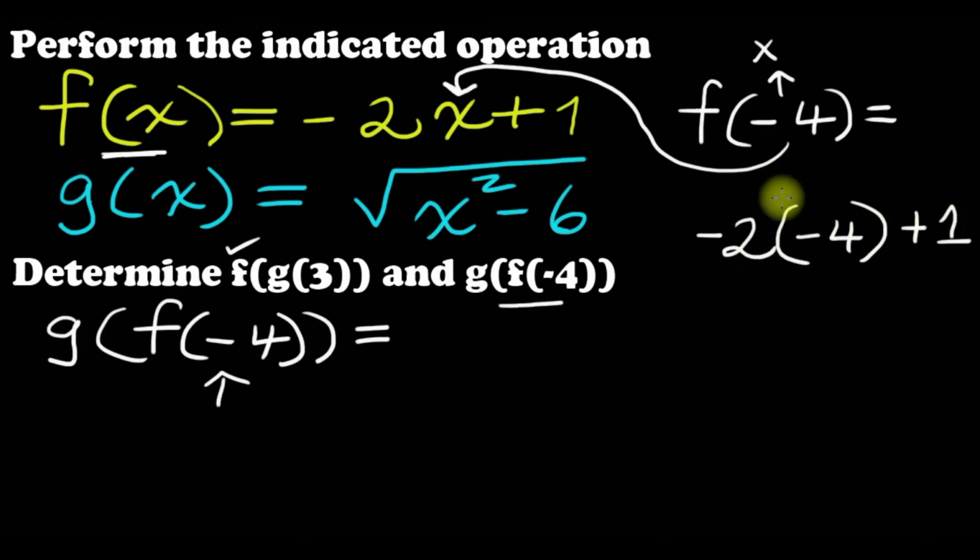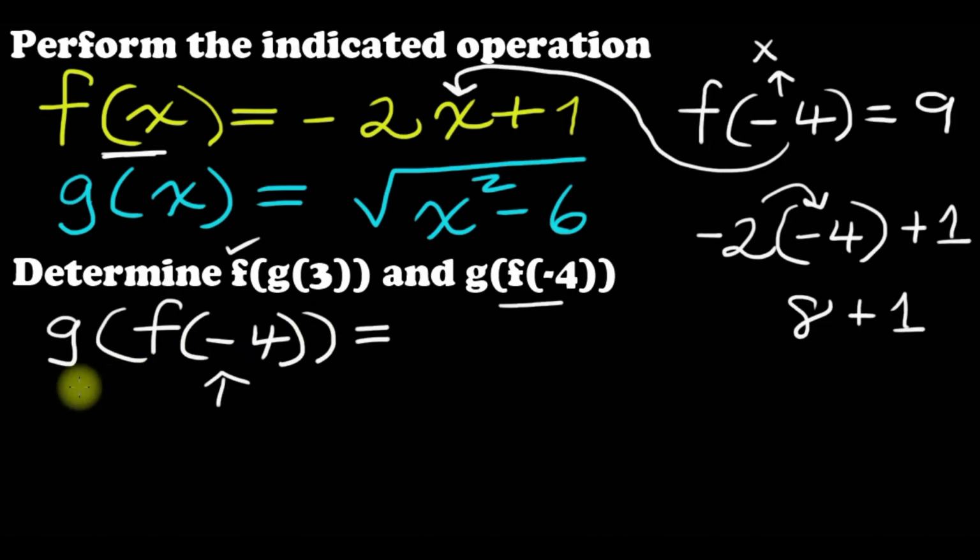Negative 2 times negative 4 is going to give you 8, plus 1, and that's going to give you 9. So f of negative 4 is 9. The negative 4 is the x, the 9 is the y. Negative 4 is the input, and 9 is the output using the given function.